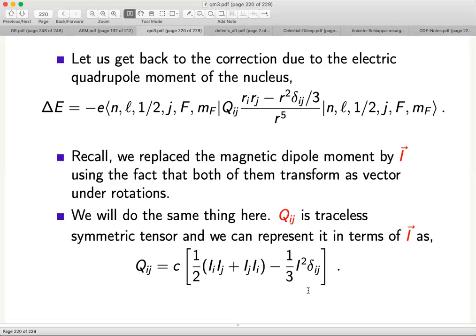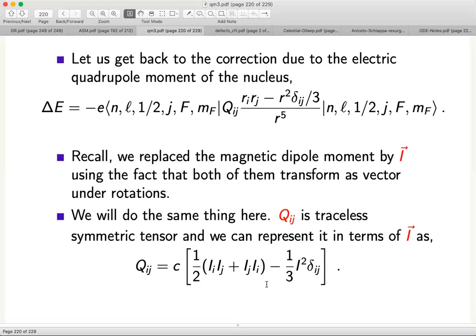A traceless symmetric tensor, as we had done at that time, has 5 components. Because Ij takes 3 values, the symmetric combination would have given you 6 quantities, but then you remove the trace out of it, and that's why it has 5.